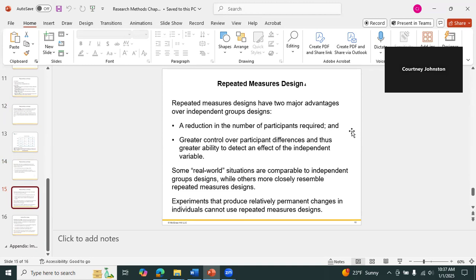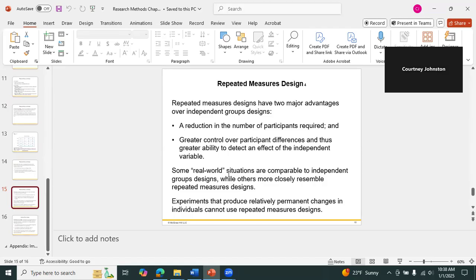Repeated measures designs have two major advantages over the between subjects design, and it's a reduction in the number of participants. You also have greater control over participant differences and greater ability to detect an effect. And some real world situations are comparable to the independent groups design, while others may be more reminiscent of the repeated measures design.